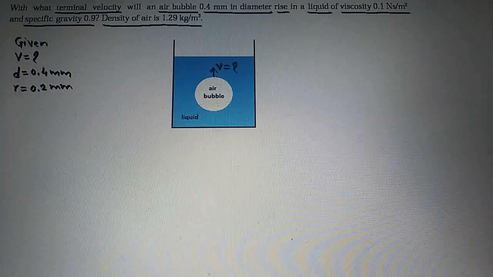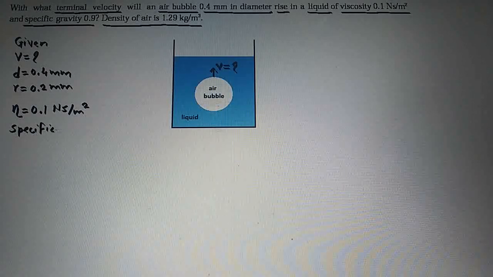The coefficient of viscosity of the liquid is given, and that is 0.1 Newton second per meter square. The specific gravity of the liquid is given, and this specific gravity is 0.9.